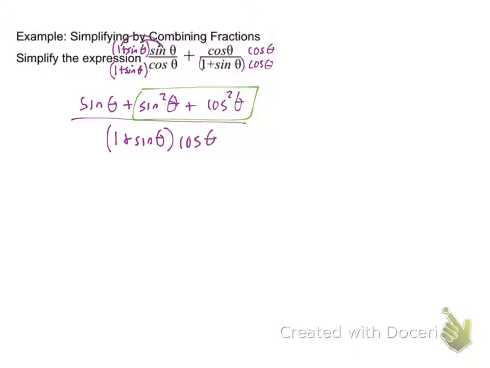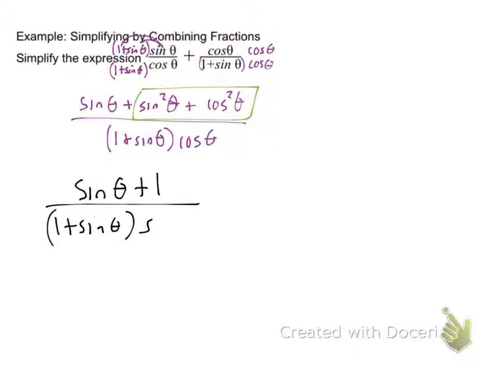And so you end up with sine theta plus 1 over 1 plus sine theta times cosine theta. And then you're like, hey, what's going to happen? Sine theta plus 1 is the same thing as 1 plus sine theta, so it's gone. Leaving you with 1 over cosine theta, which is again secant theta.